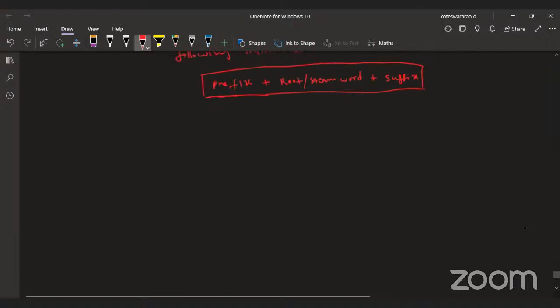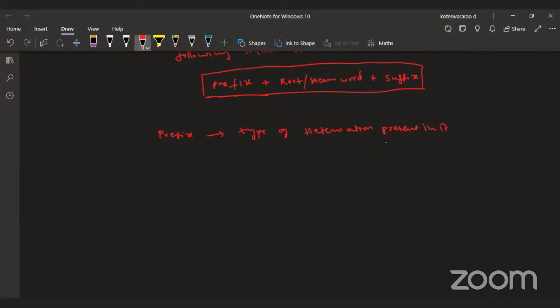Right. First, coming to the prefix. What role does the prefix play? This prefix indicates the type of heteroatom present in it.